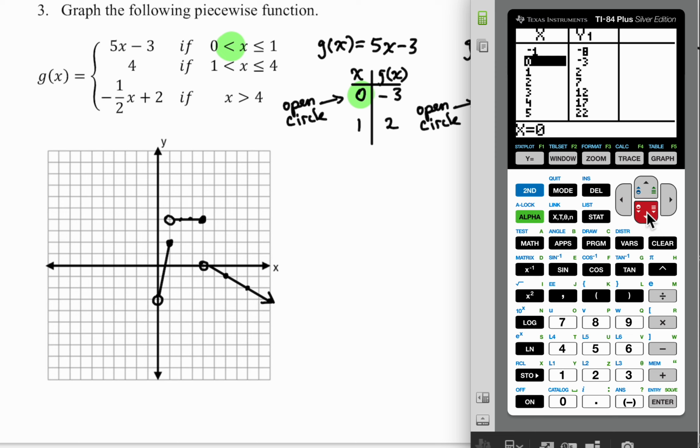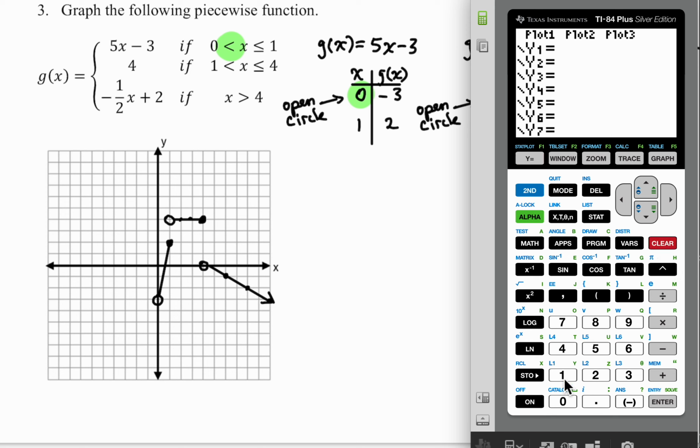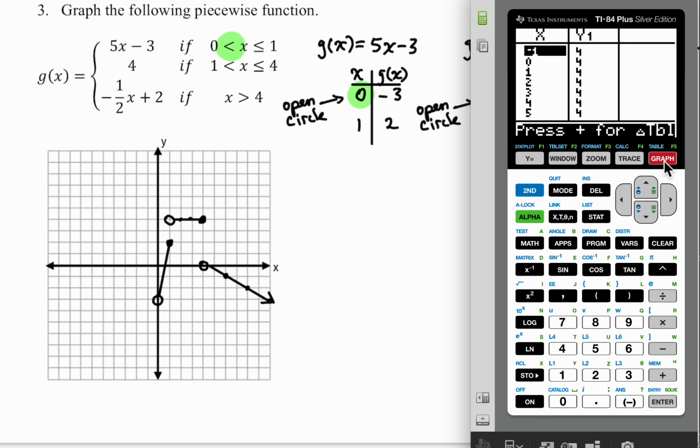I would just be grabbing 0 and 1, -3, +2. Then I would do the same thing for g of x equals 4. So I would type in just a 4, and do that from 1 to 4. So just these values would make up my table.